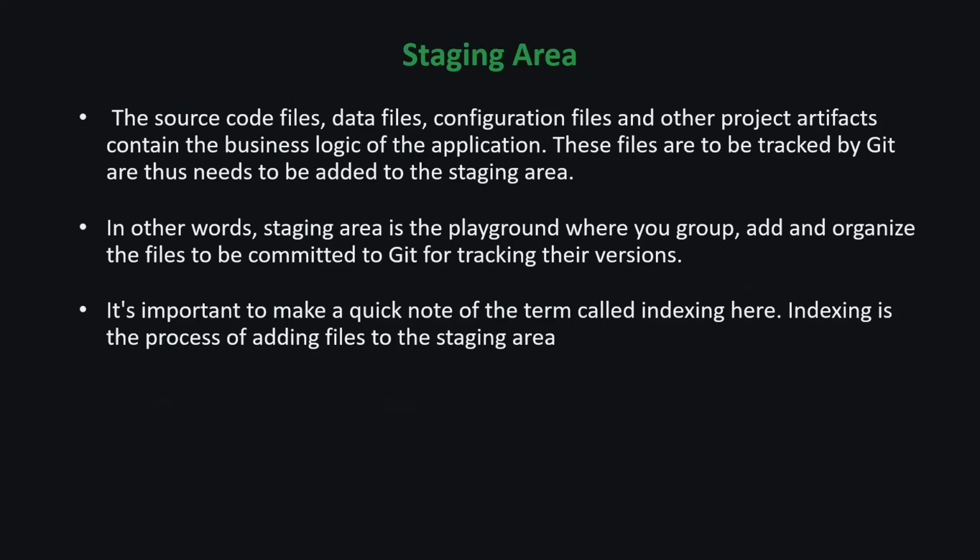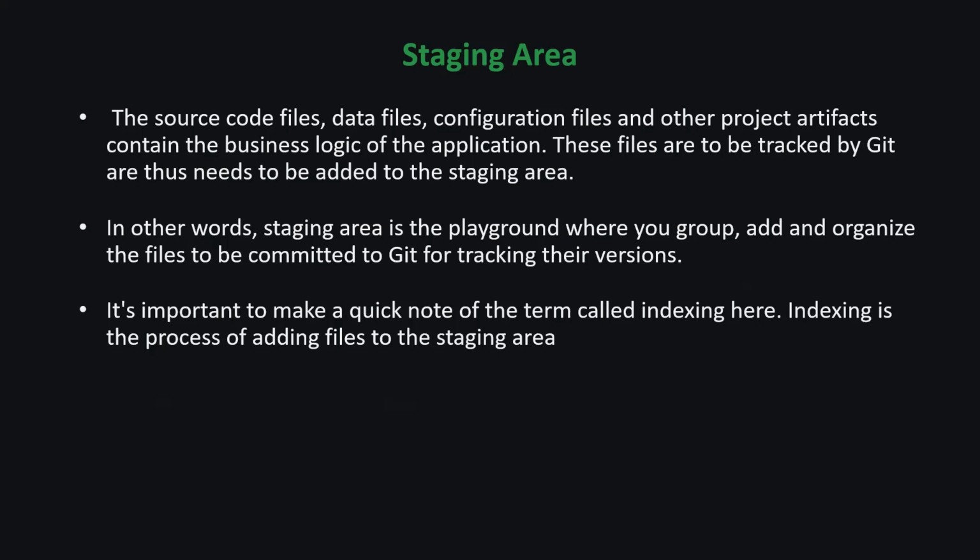Staging area. The source code files, data files, configuration files, and other project artifacts contain the business logic of the application. These files are to be tracked by Git and thus need to be added to the staging area.